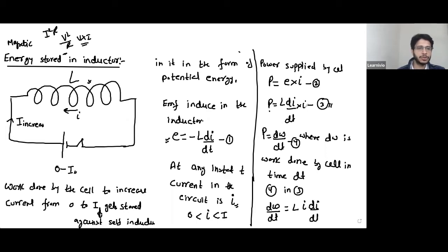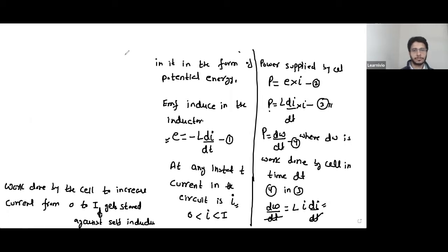I just interchange the positions. I'm writing i di. So this dt will cancel this. So this dW comes out to be L i di. This is dW, which is L i di.